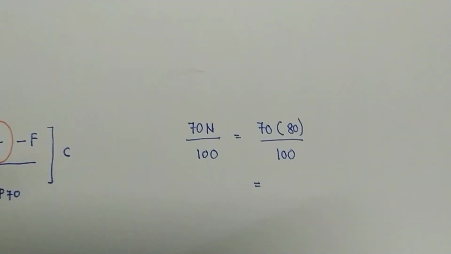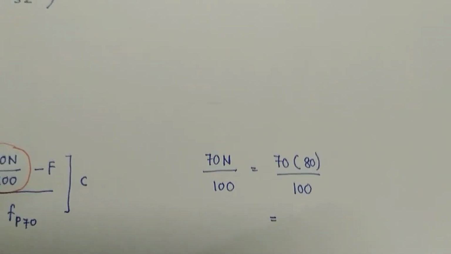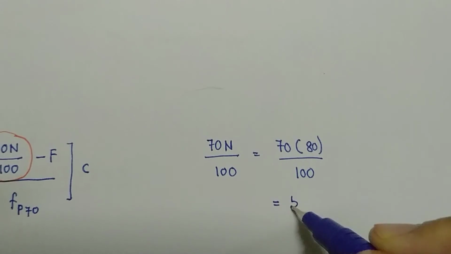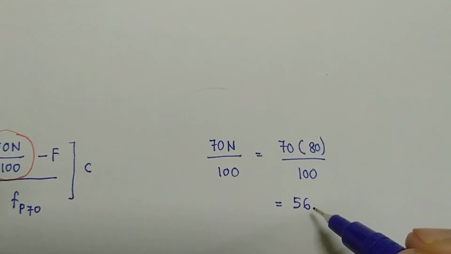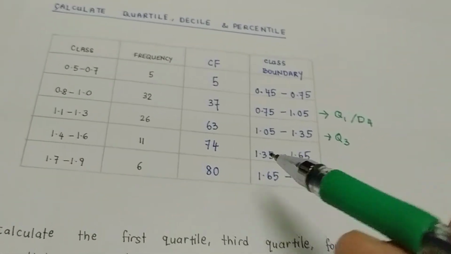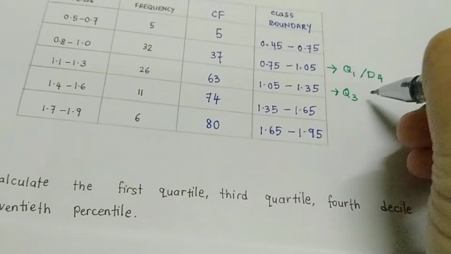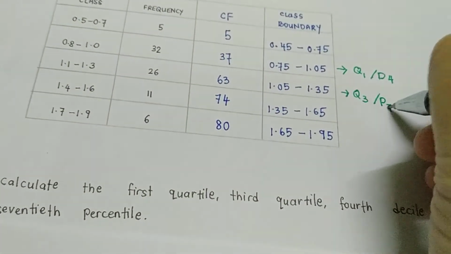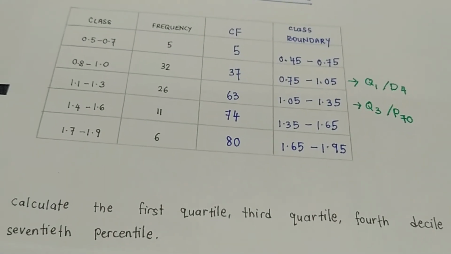So we get 56. Okay, so for 56, we look at our cumulative frequency. So 56 lies in this class. Okay, so this is our P70 class.